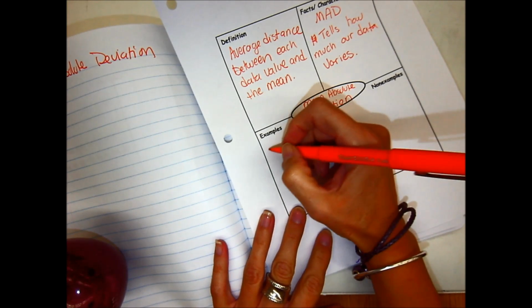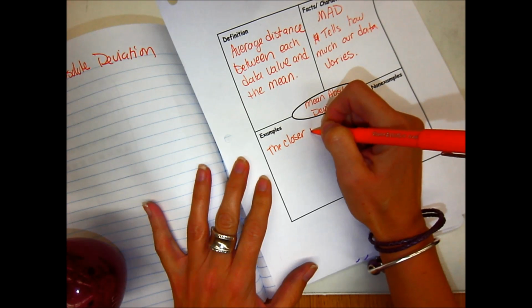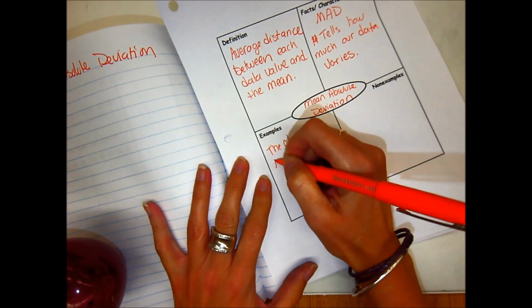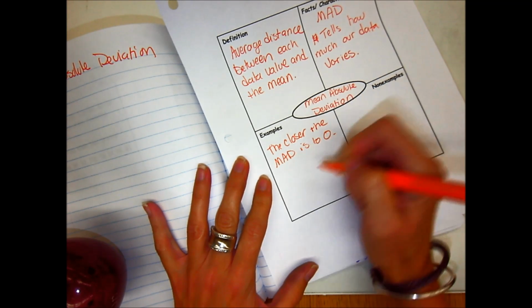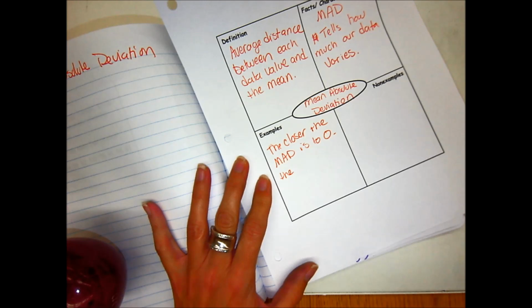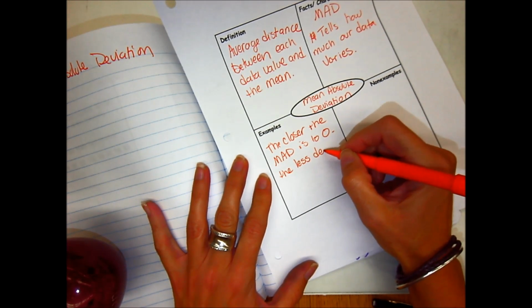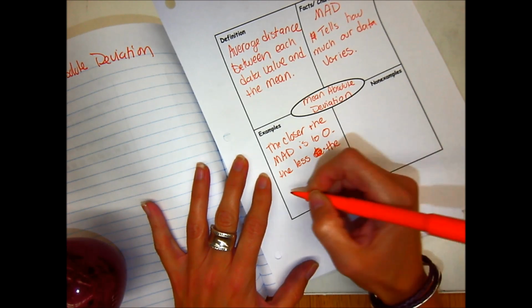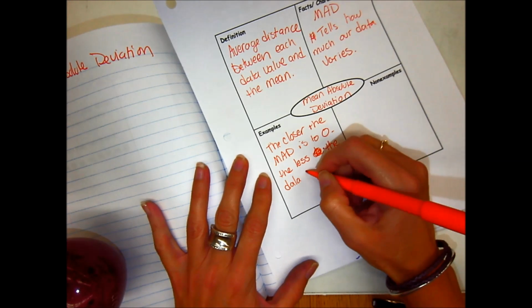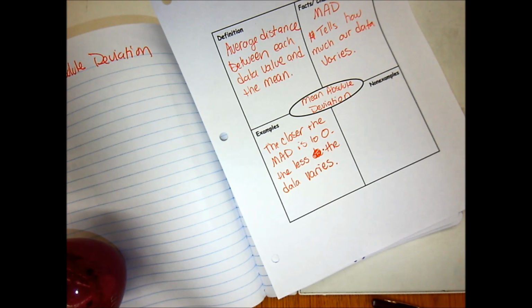And so the closer the MAD is to 0, the less the data varies.